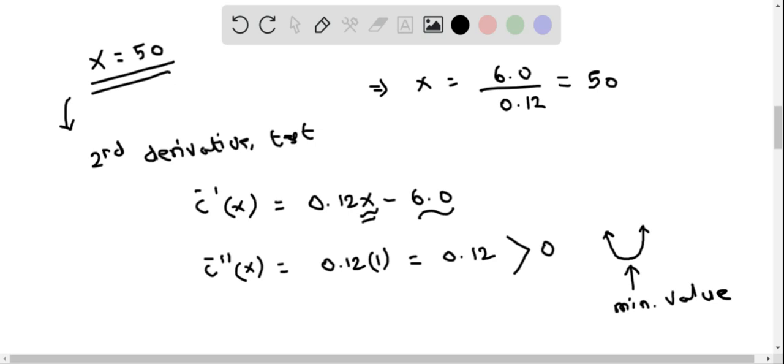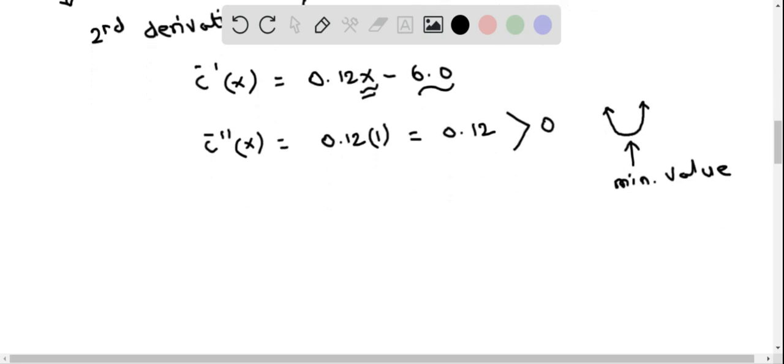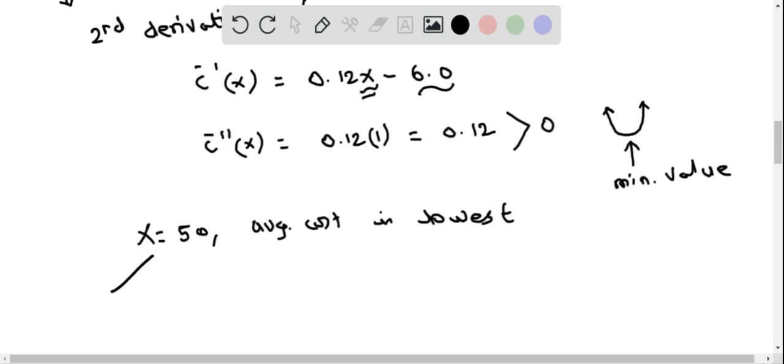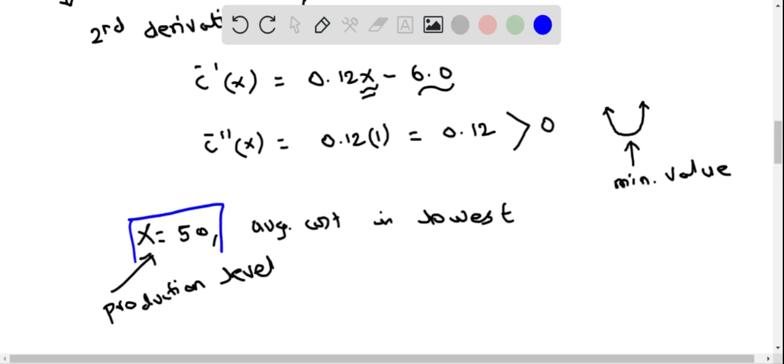So we can clearly see that at x equal to 50, the average cost is lowest. This answers the first question. The production level that gives the lowest average cost is 50 wheels.